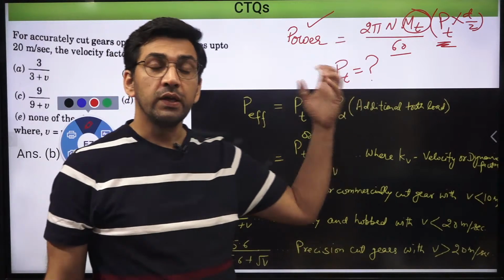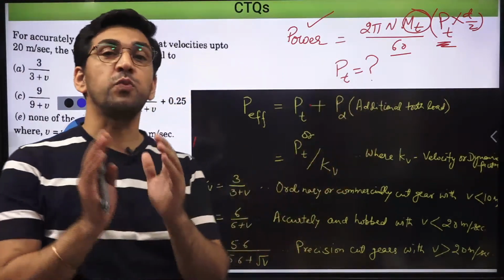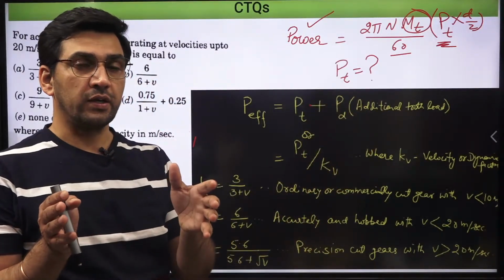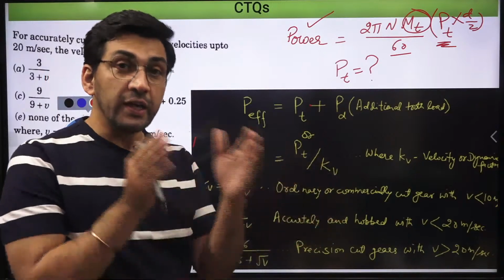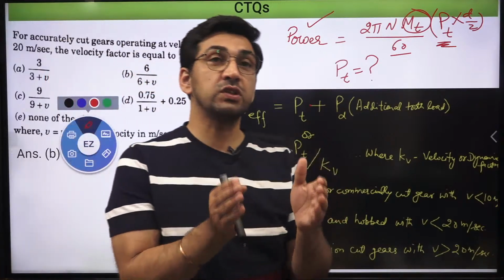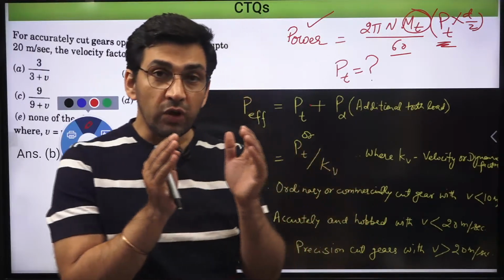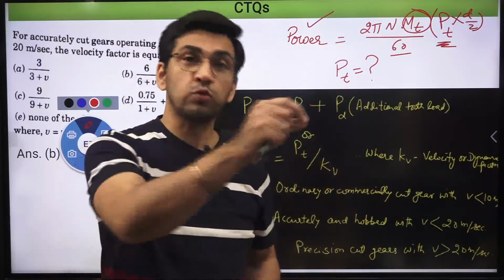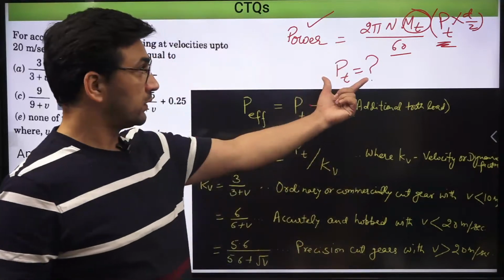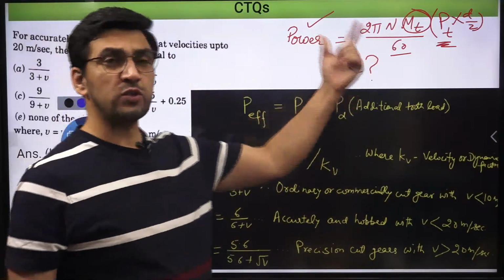But this calculation is simply based upon the power, right? That how much power you are transmitting. In addition to it, you are having so many other factors which will also decide how much actual tooth load is acting. This is not the actual. For example, this is assumed based upon the ideal conditions.